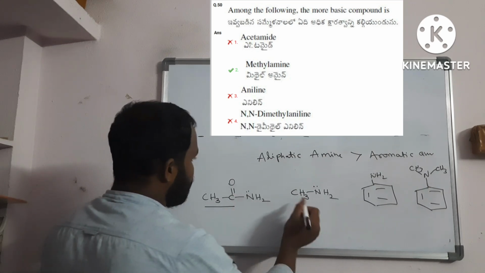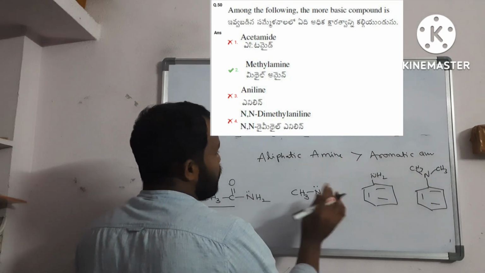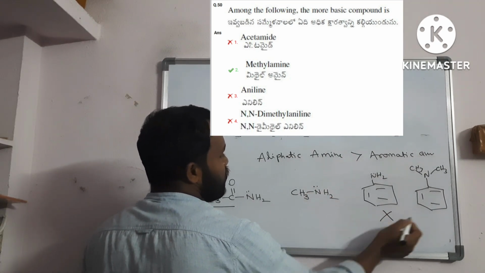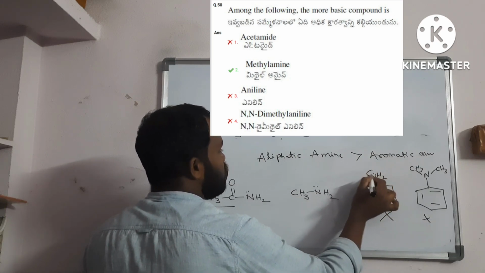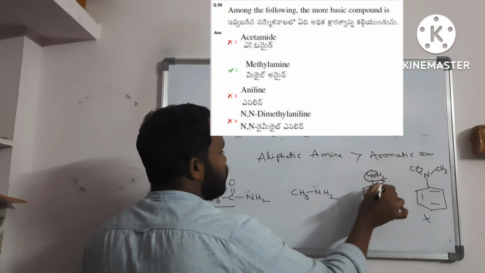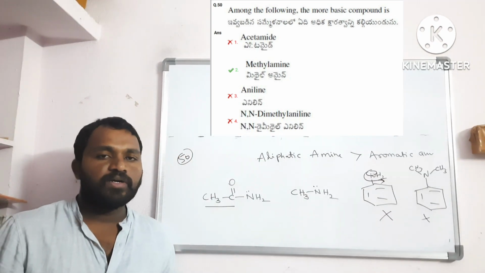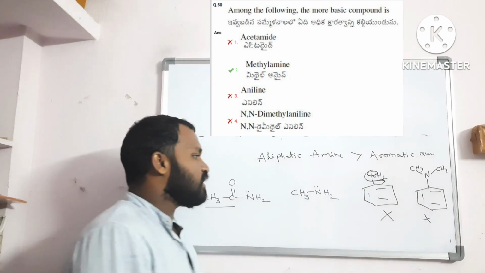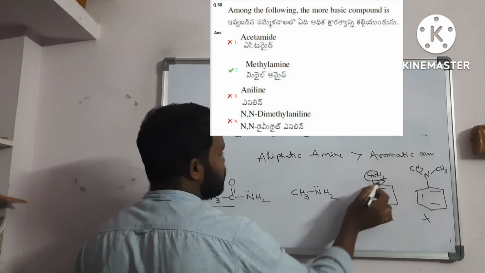So now we can simply eliminate the aromatic amines, as they are less basic than the aliphatic. What is meant by basicity? Donation of a lone pair of electrons very easily is called the basic nature.